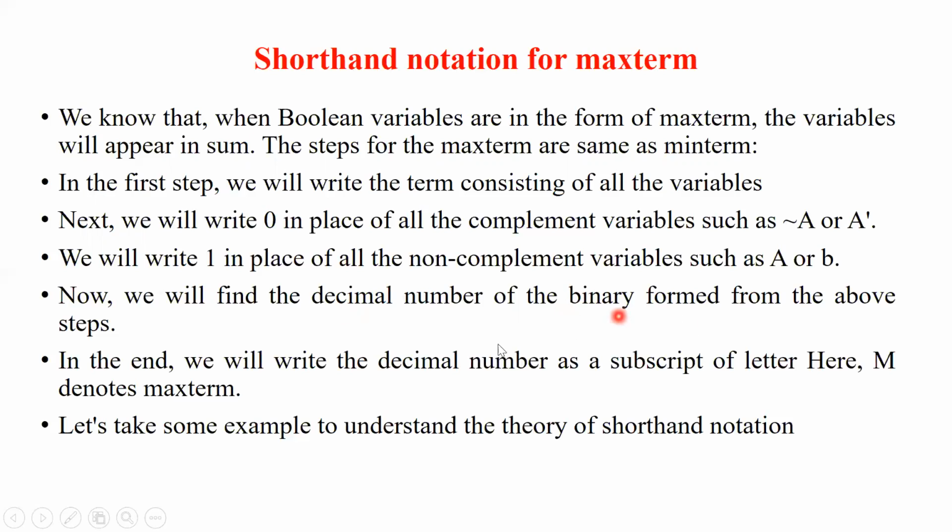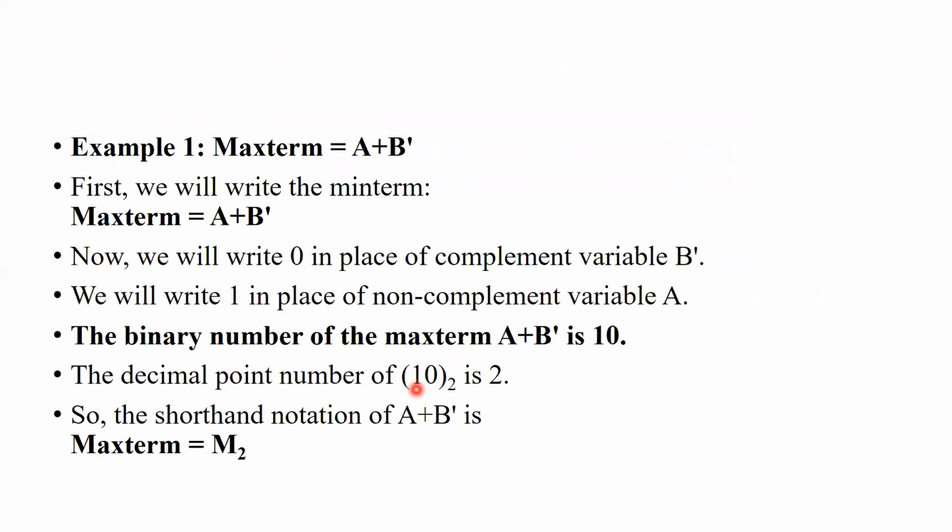So that string of binary we convert to decimal, and we write the decimal number as a subscript of a letter. Now here remember, since it is max term, capital letter, big letter, we will use M and write as the subscript whichever decimal number we are getting. So you can understand it with the example.